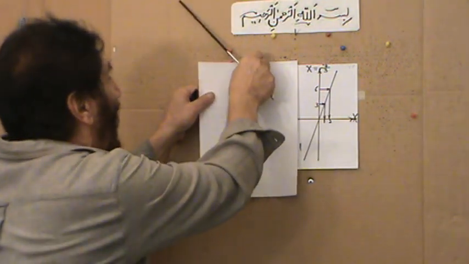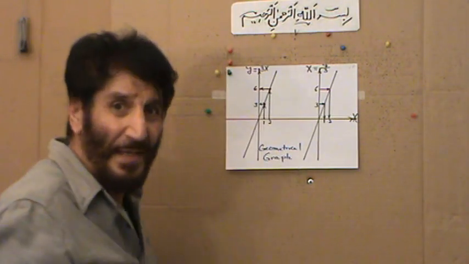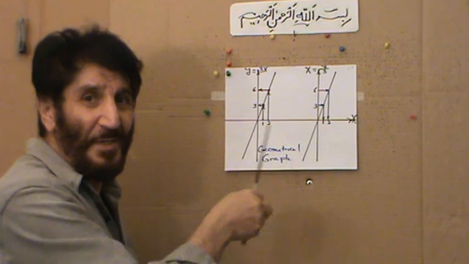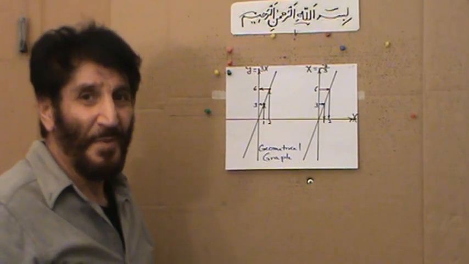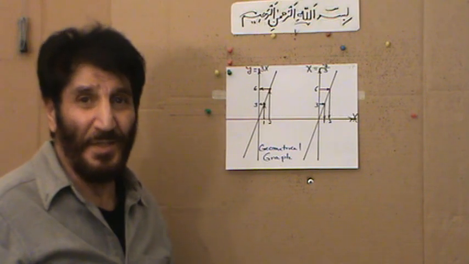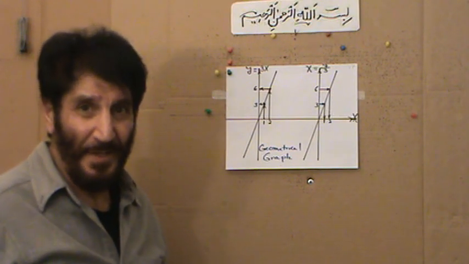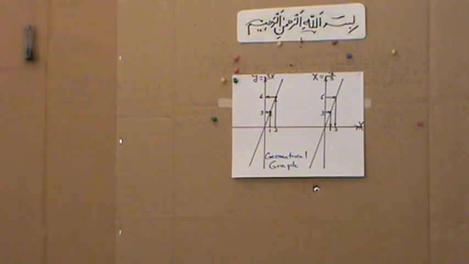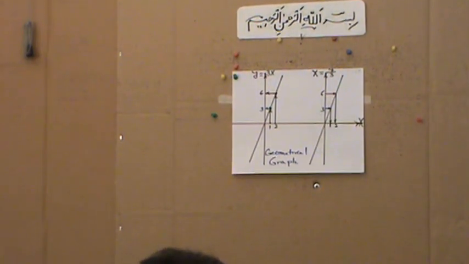So look at that. The analytical graph of them, they were the same, and the geometrical graph of them is also the same. Because the rule of correspondence between x and y was not changed. All right? But the operation, one of them is multiplication, and one of them is what? Is division.